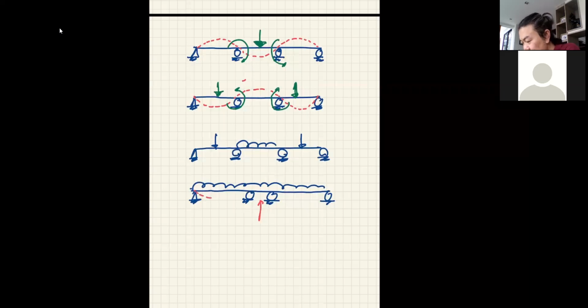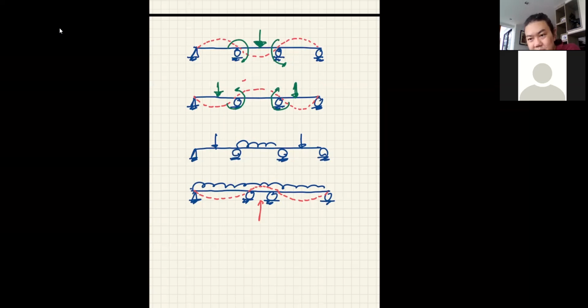The chances are it's going to go down like this, and then too stiff to have the double curvature. So it's just going to be like that. If you can see this before your calculation, great. But if not, the results will tell you whether or not your rotation is clockwise or counterclockwise.